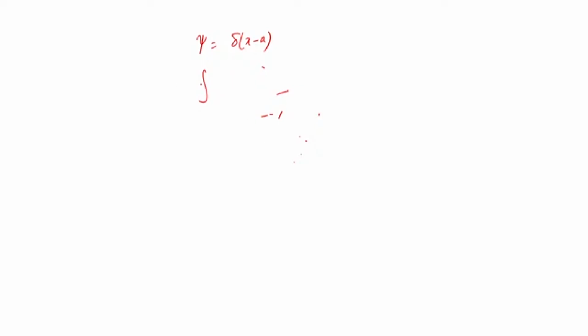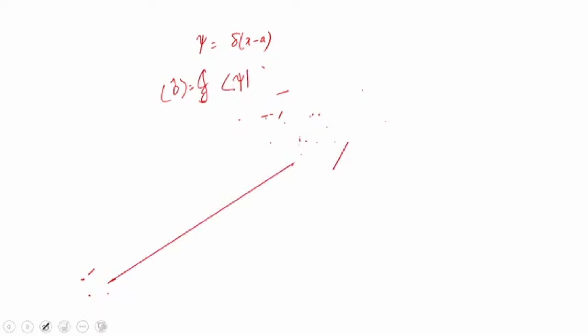If you want the expectation value of some operator, you have to write it as psi, O, psi.